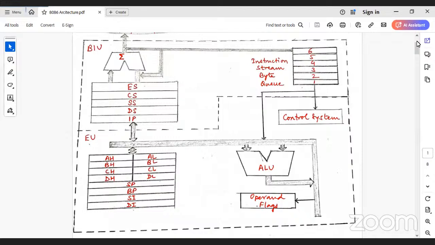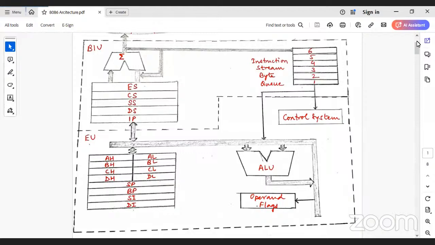Now, if you recollect, 8085 processor had an address bus of 16 lines. So address bus was 16 lines or 16 bits, whereas in 8086 processor, the address bus is of 20 bits.